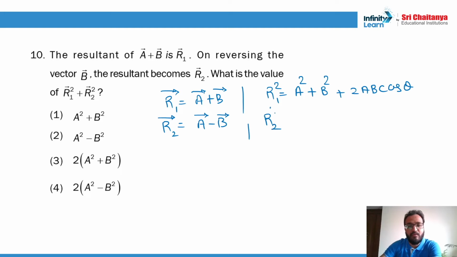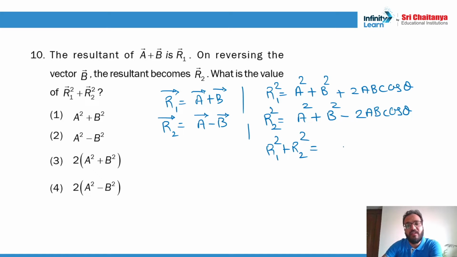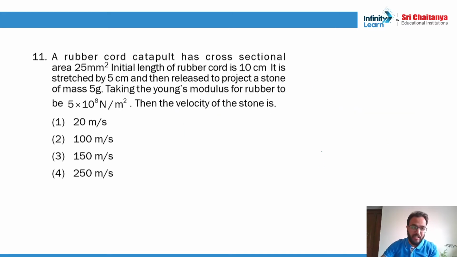And what is R2 square? You will say, sir, a square plus b square minus 2ab cos theta, right? And if you want to add them, R1 square plus R2 square, obviously it will be 2 times a square plus b square. This will get cancelled, right? So we got the right answer.